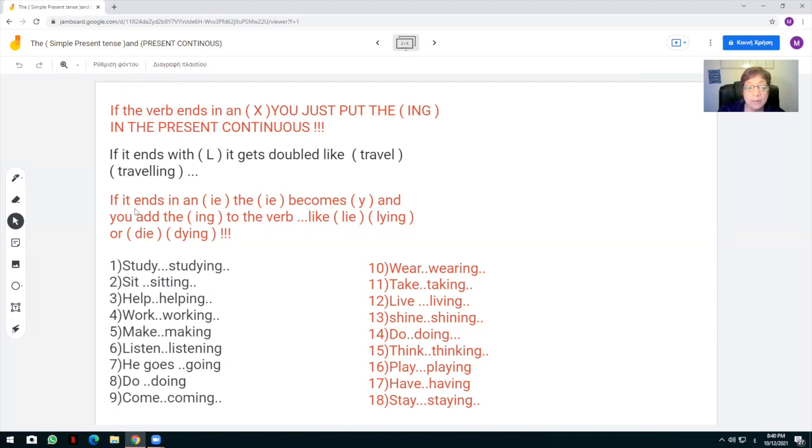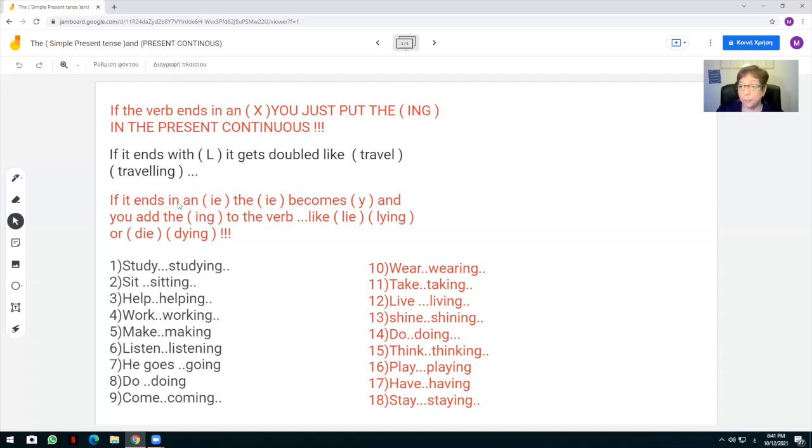If the verb ends in an IE, لو الكلمة بتنتهي ب-IE, the IE becomes Y. بيتغير للحرف Y, and you add the ing.